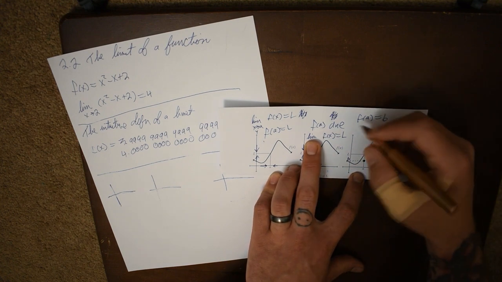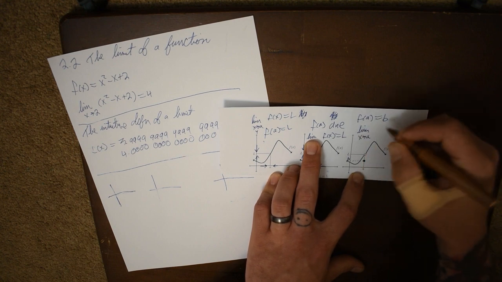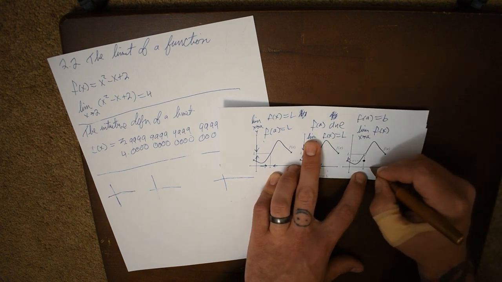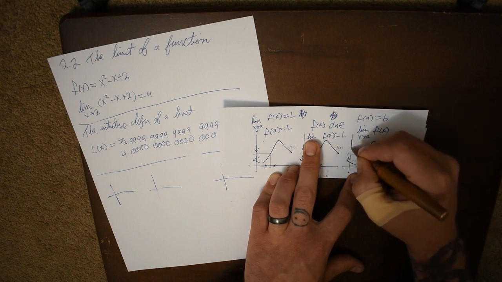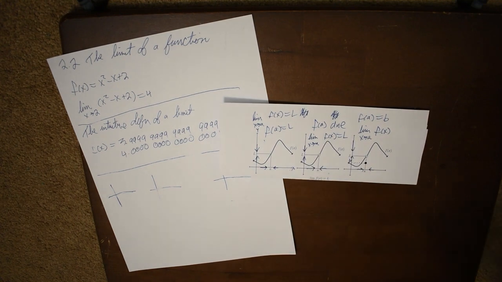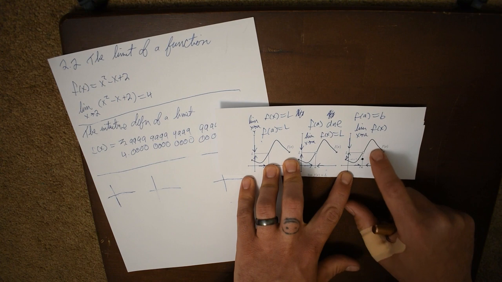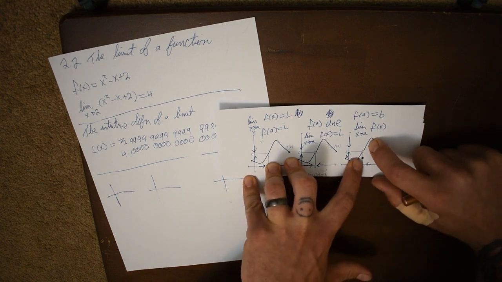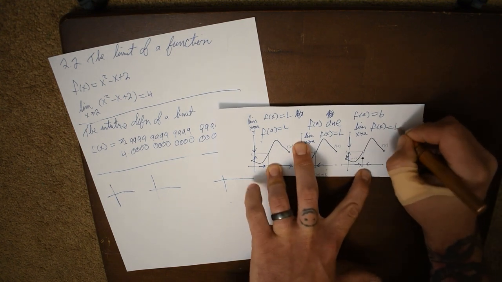But if we take a look at the limit as x approaches a of f of x, as these x values get closer and closer to a, the y values get closer and closer to L. It doesn't matter that the value of y, the value of f of x, jumps at a. We're talking about the overall pattern, the overall trend. So this limit is also equal to L.